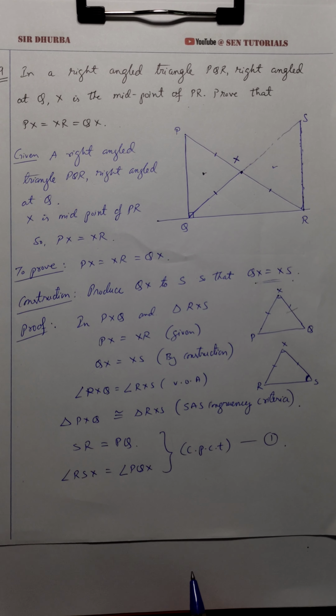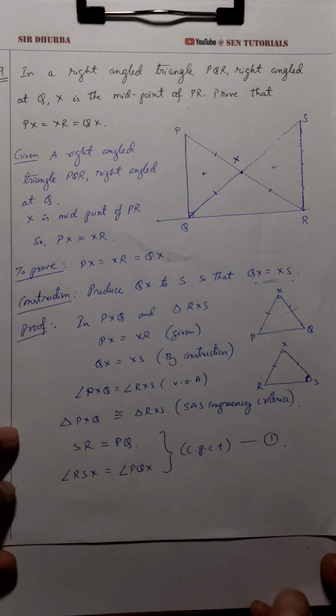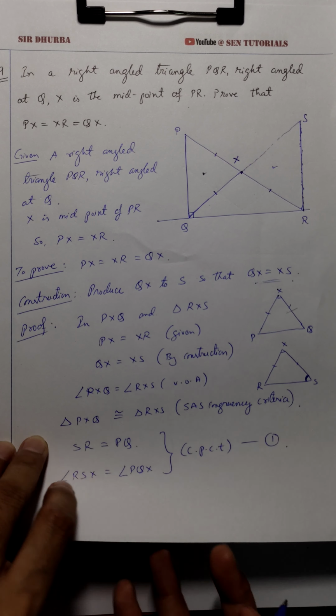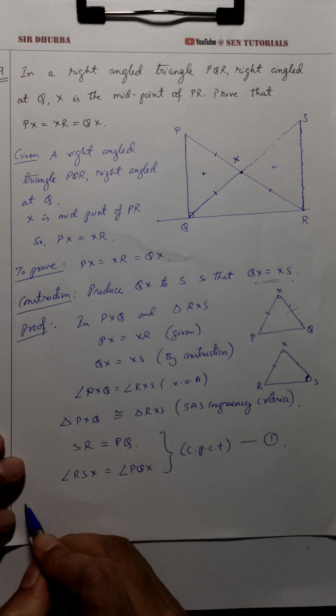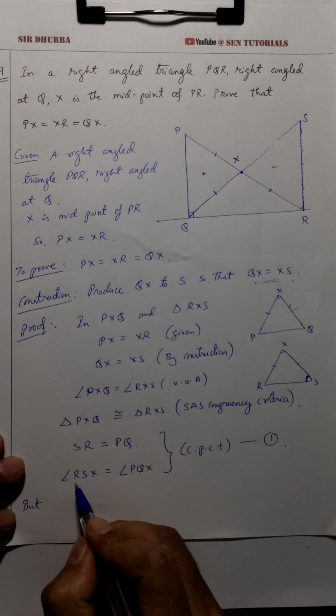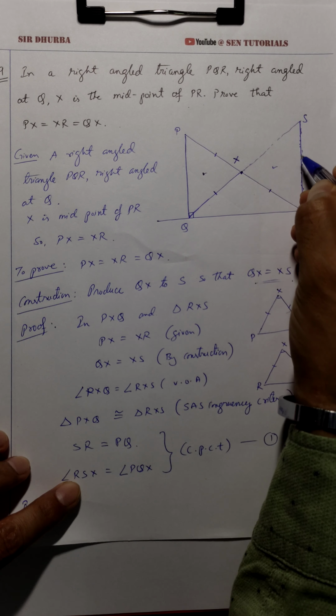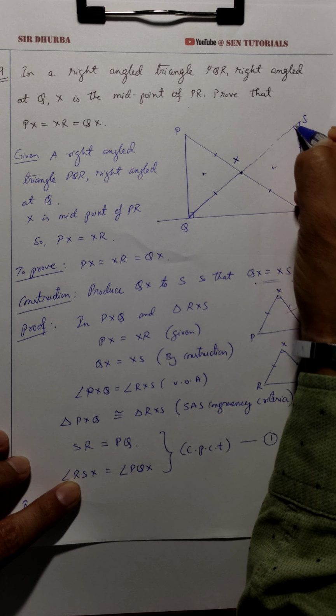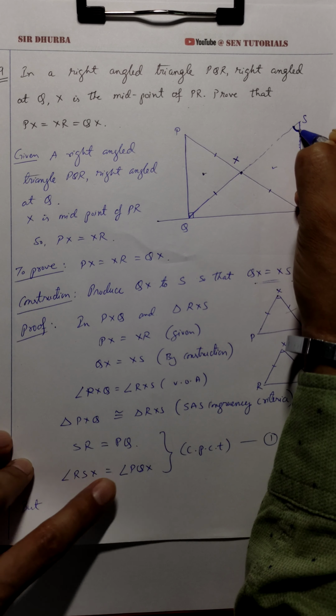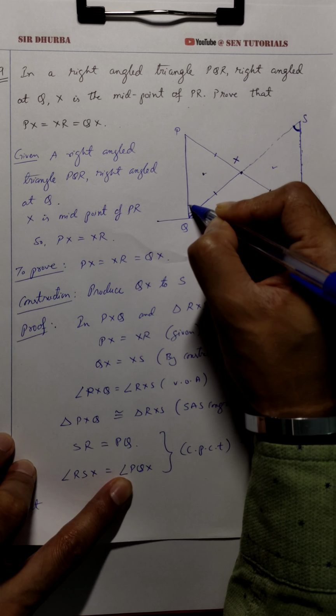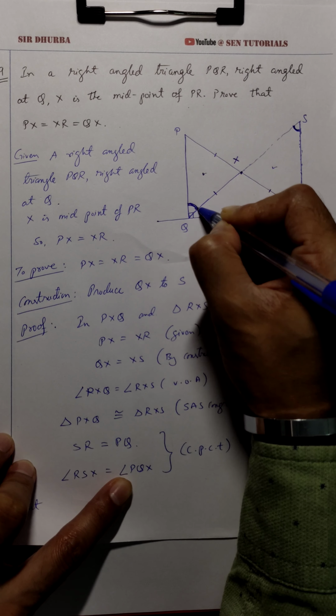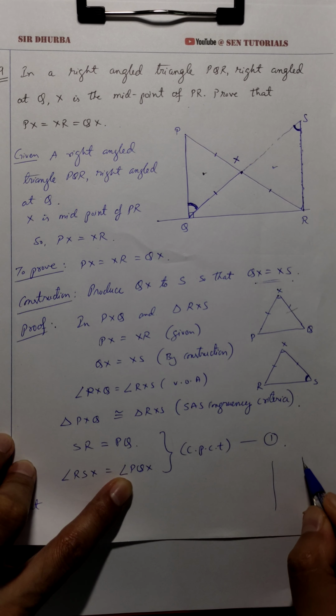Let's name this as condition 1. But now you see, angle RSX is equal to angle PQX. Again, like the last one, let me not repeat that. Parallel lines, transversal, this angle is equal to this.